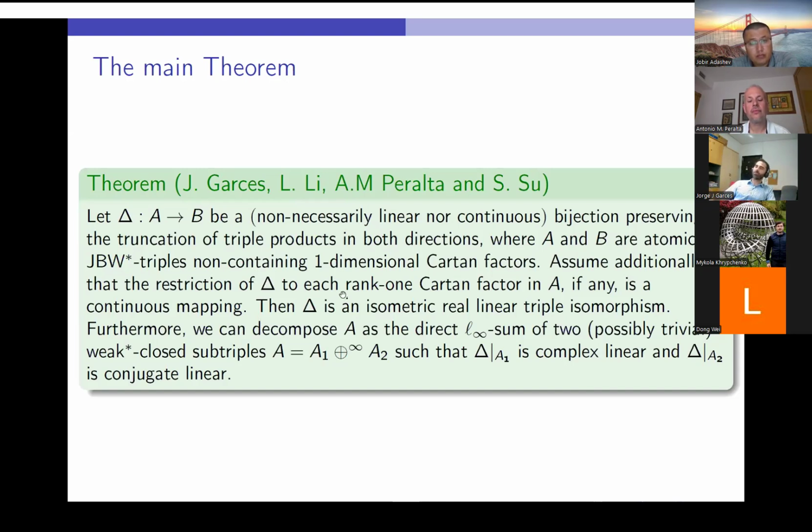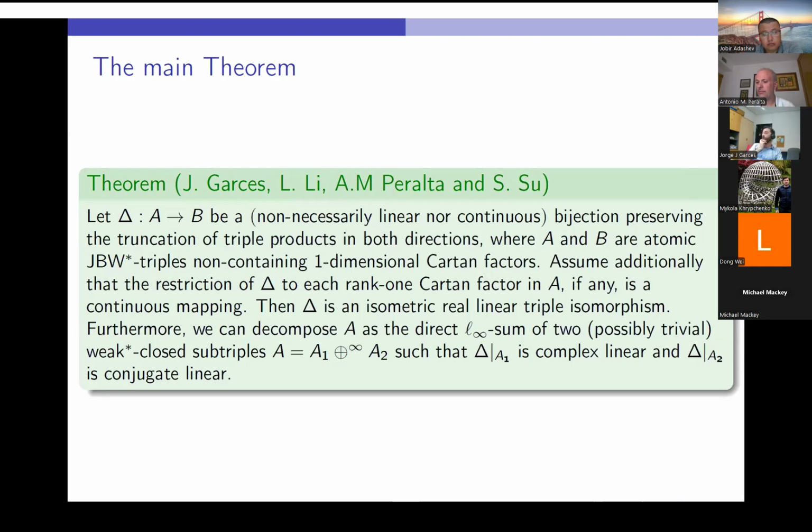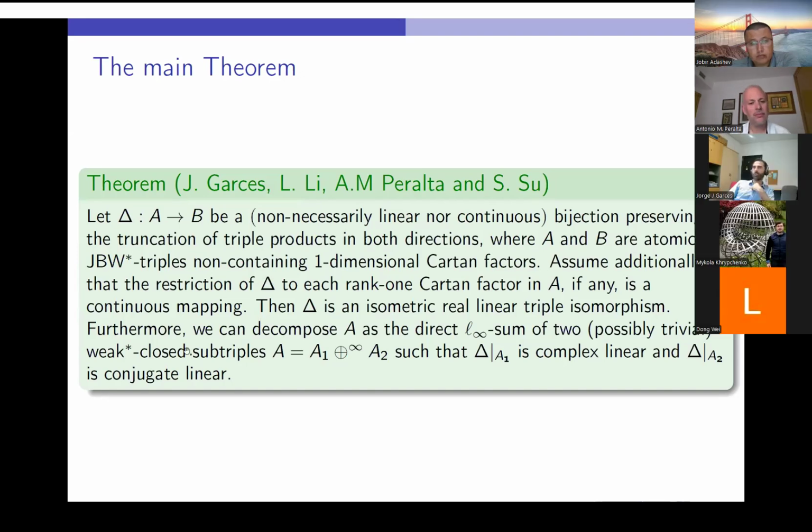Actually, we are able to show that whenever we have a bijection preserving truncations of triple products in both directions between two atomic JBW*-triples that do not contain one-dimensional summands, and such that the restriction to the rank 1 summands, only to the rank 1 summands, is continuous, then we have an isometric real triple isomorphism.